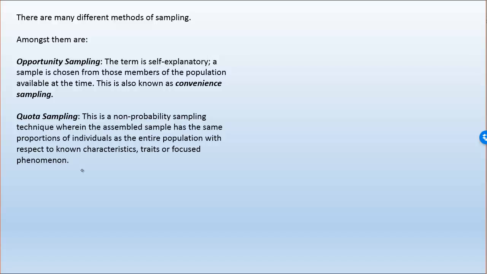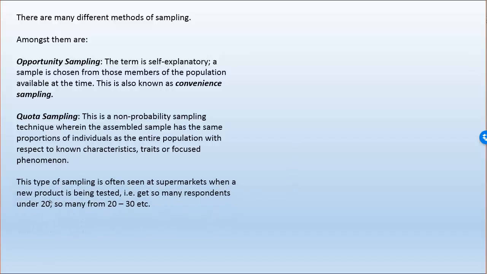They might be told that they need to get so many people in a 10 to 20 age group and then a 20 to 30 age group and so on. So they go out and specifically try to ask a certain number of people in each age group. I've mentioned here this type of sampling is often seen at supermarkets, and that's basically what I just said.